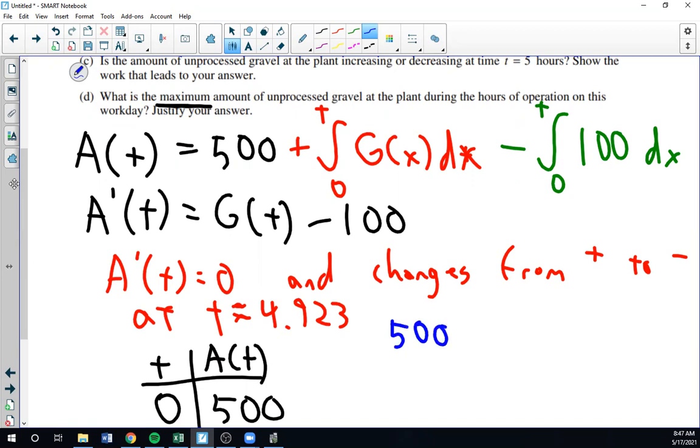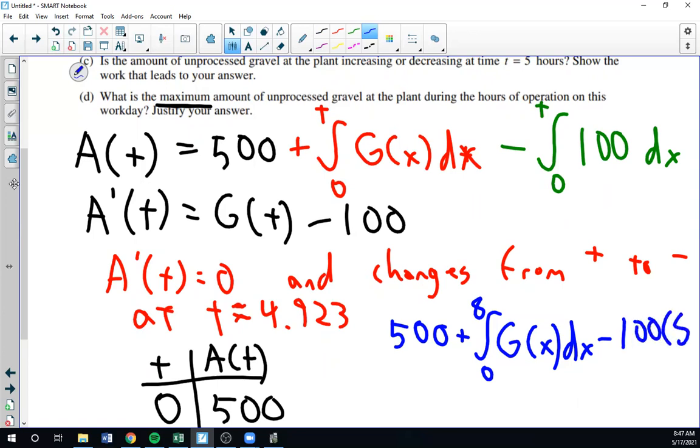At 8, we have 500 plus the integral from 0 to 8 of g minus, if we have a constant rate of 100 tons per hour, you can do this with the integral, but you can also do this by figuring out that it's going to be 100 times 8.